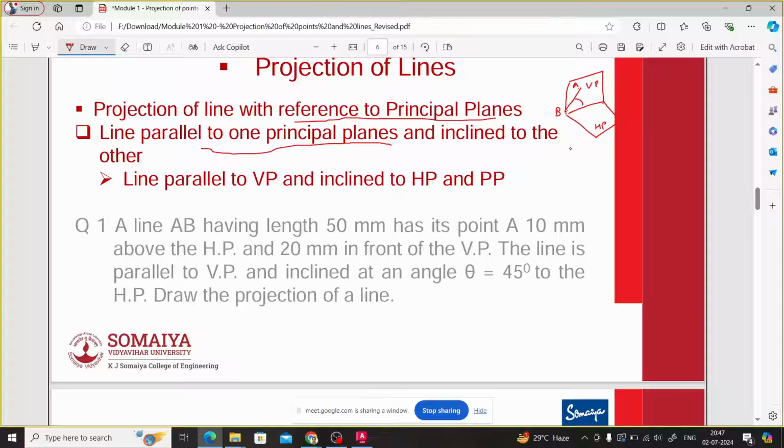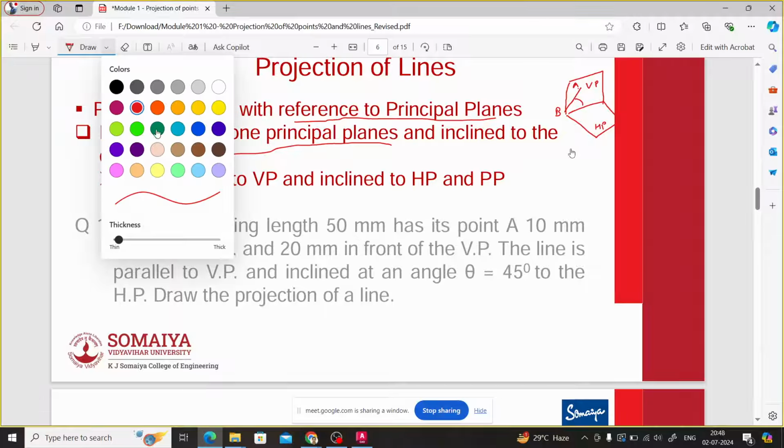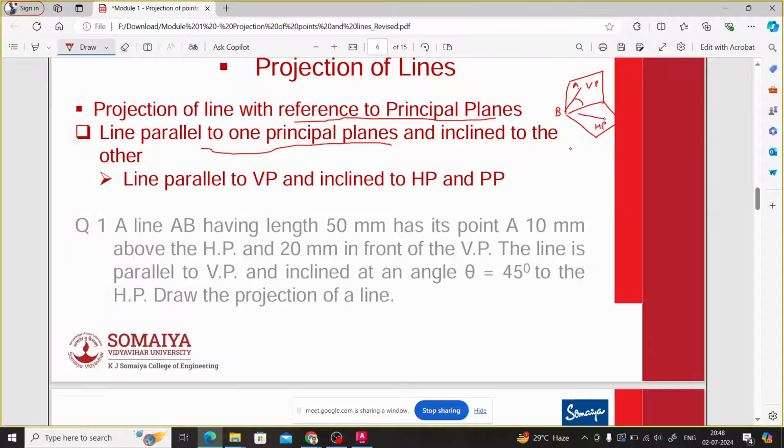Now suppose another case: the line may be parallel to the horizontal plane like this. Let us take this point as C and this point as D. In this case, the angle will be made by this particular line with reference to the vertical plane. Are you getting this?